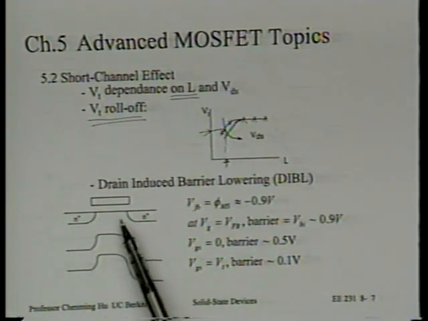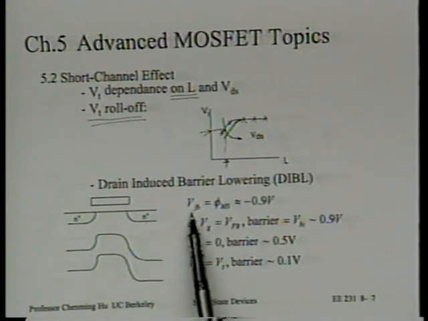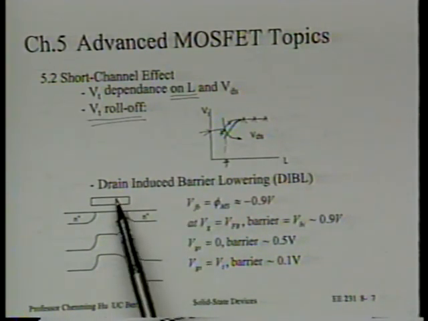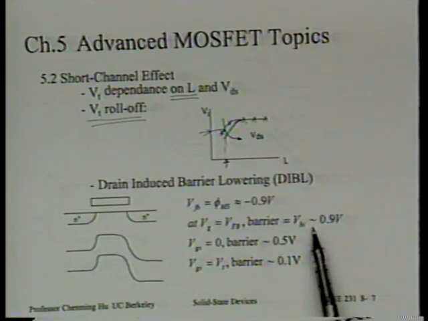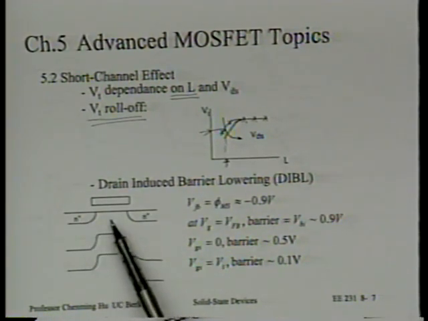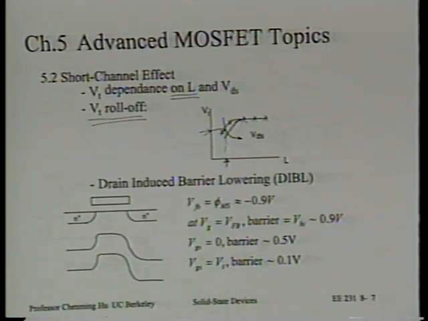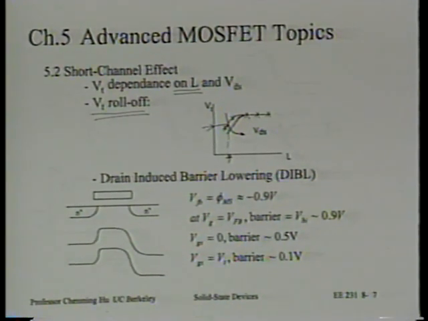Let's review what happens at VG equal to VFB if we apply a flat band voltage, let's say. Suppose we apply flat band voltage, right? Then the barrier is exactly equal to 0.9 volt, the built-in voltage between N plus and P body. Is that right? Which is roughly 0.9 volt. So if we draw the energy band diagram, we should draw 0.9 volt as the barrier, right?